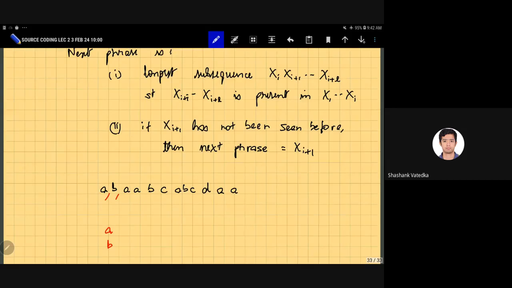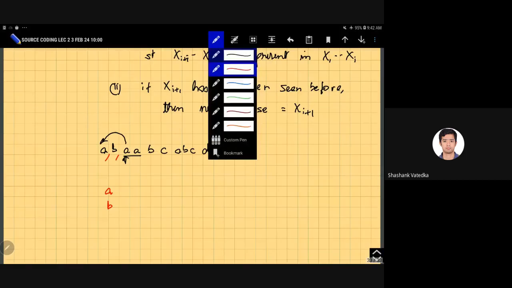Coming back, we've got the first two phrases. Now let's look at the next symbol, A. Have I seen A before? Yes, over here. But have I seen AA before? I have not. So the next phrase is just A.